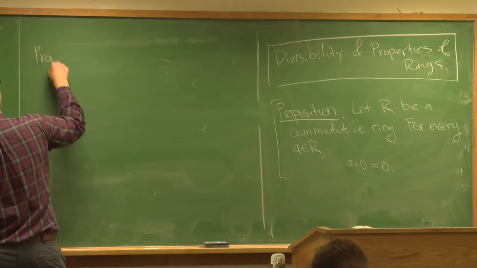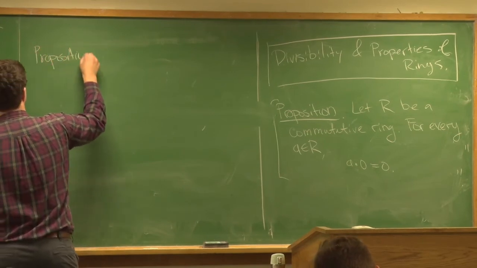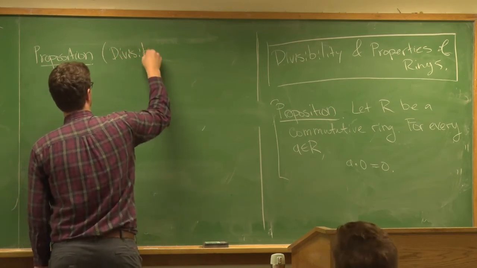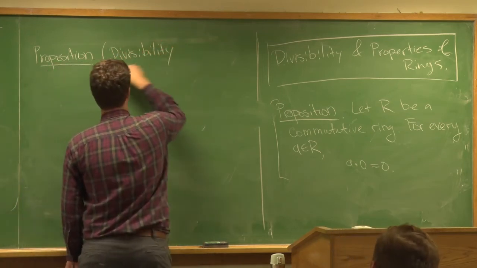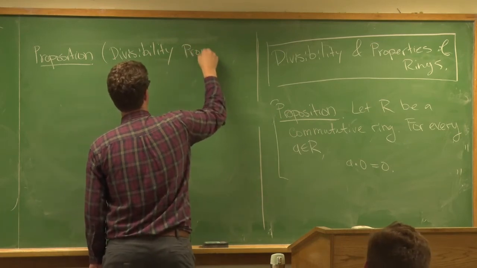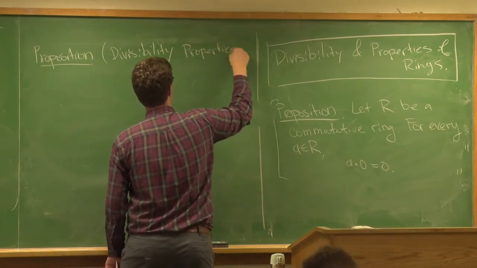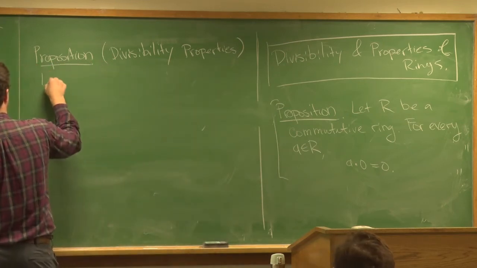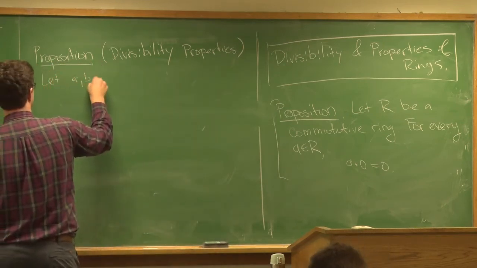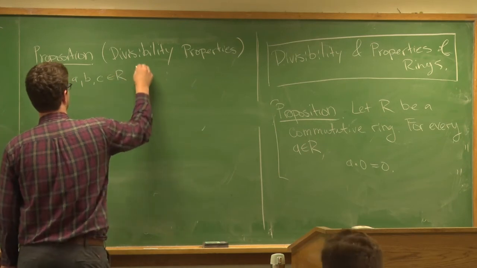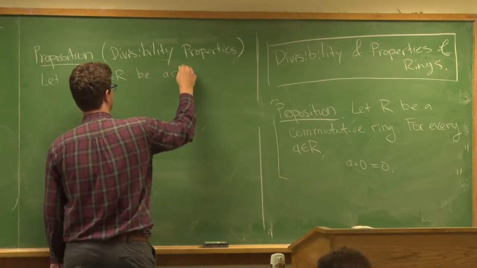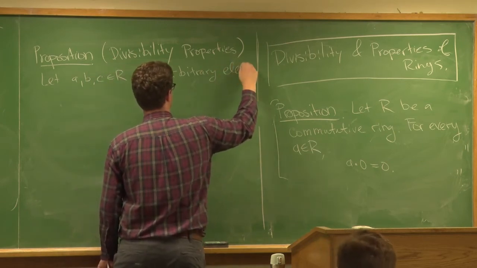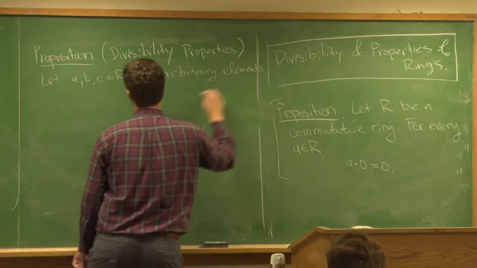So we had this proposition. This in parentheses just says what the proposition's about. So let A, B, C, elements of R, be arbitrary elements of a commutative ring.